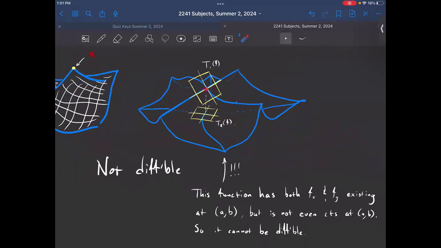Those both exist and they're continuous, but I have two different tangent planes because if I come along this curve, or these curves right here that are at right angles or 45-degree angles to the original lines, I could get a different tangent plane approximation. And so I don't know which of these to use at this point. So the function we say is not differentiable there. In fact, it's not even continuous there because the limit does not exist or does not equal the value of the function no matter where I place it.